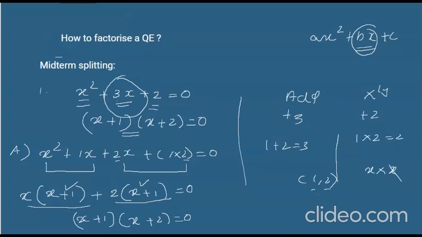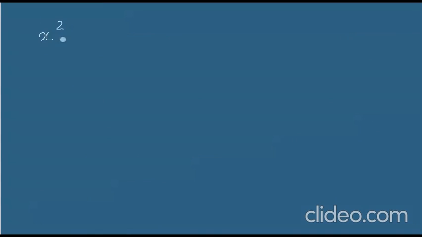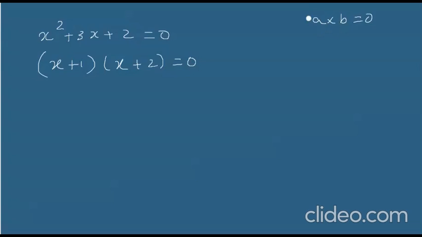Let's see how we can solve it. x square plus 3x plus 2 is equal to 0, and we split it in the form x plus 1 into x plus 2 is equal to 0. Now tell me, if A into B is equal to 0, what must be the condition? Either A must be equal to 0 or B must be equal to 0, or both can be 0.